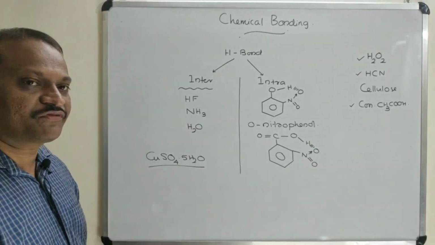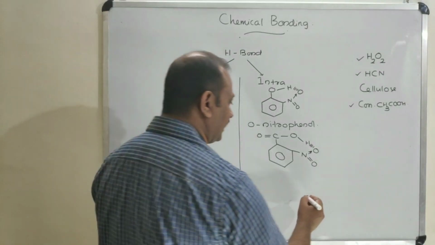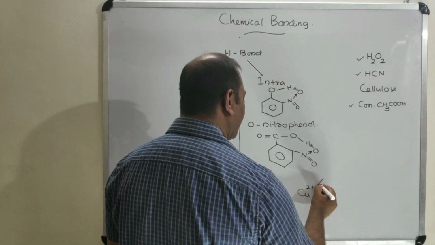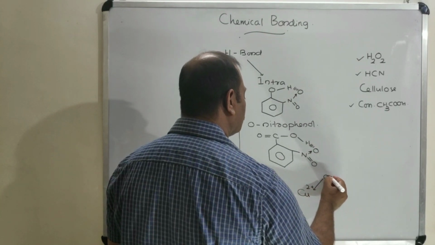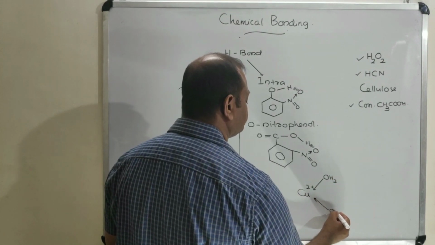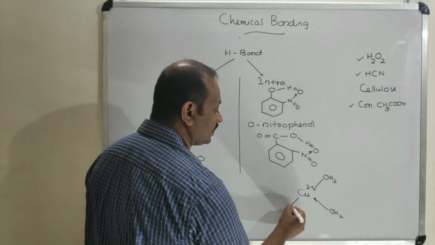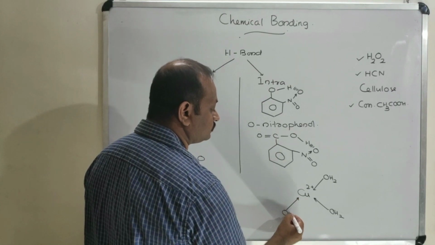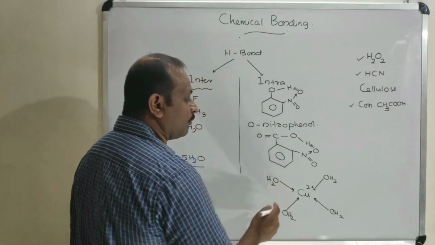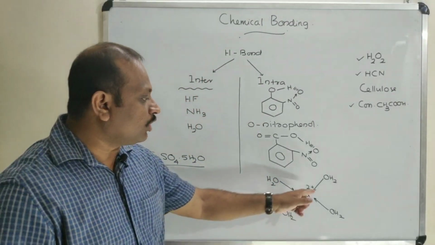If I draw the structure of copper sulfate 5H2O, you can see that we have copper 2 plus and it is surrounded by 4 water molecules. See, I'm just drawing 4 water molecules. How many water molecules are surrounding it? 4 water molecules.